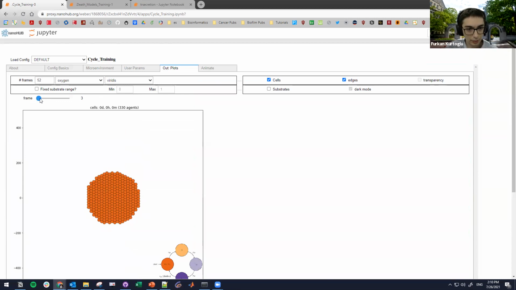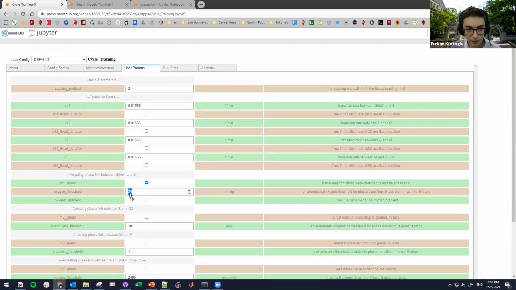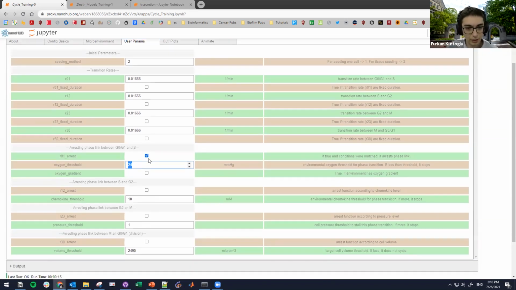So because the oxygen is always 20, and the oxygen threshold is 24, they cannot pass to the other cycle phase.